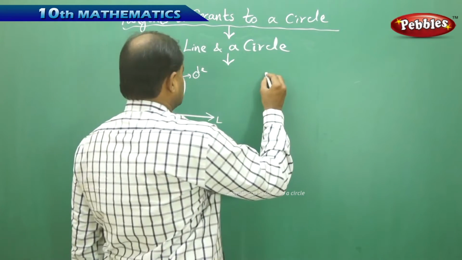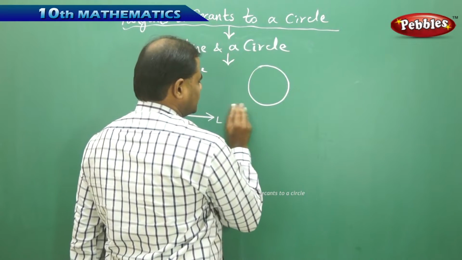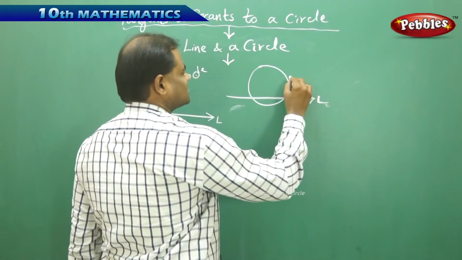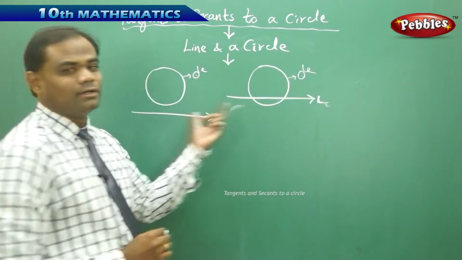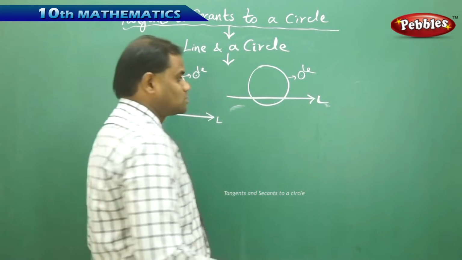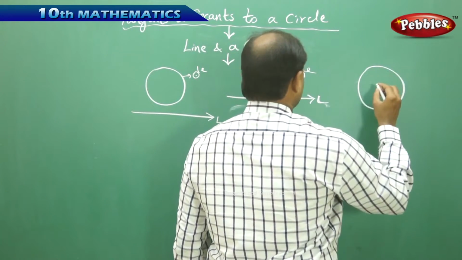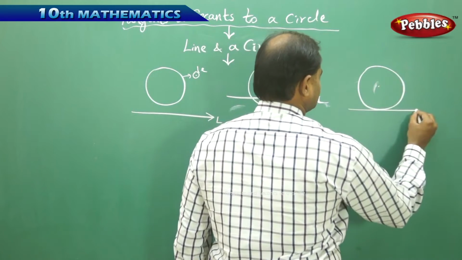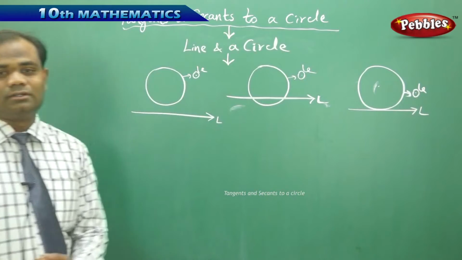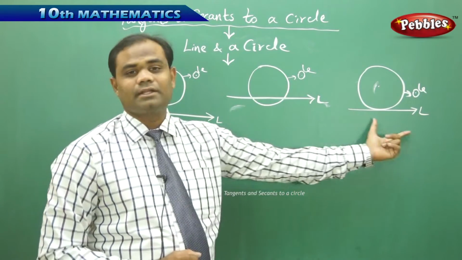Now the second case is where I have a circle and a line which cuts the circle. So here the line cuts the circle, and there the line does not cut the circle or pass through the circle. And the third possibility is that a line touches the circle. In this case, the line touches the circle. So here we have three possibilities: non-intersecting, intersecting, and touching.